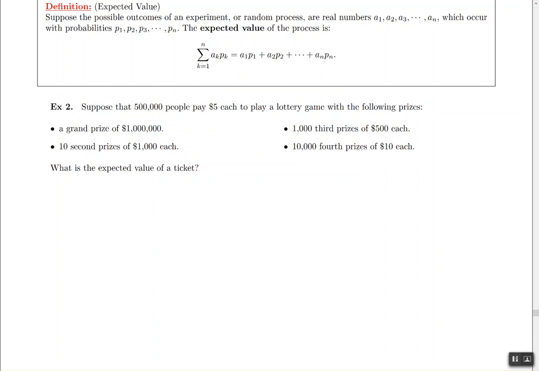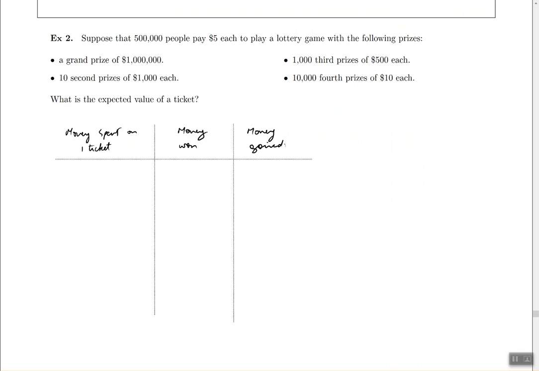So let's talk about the net gain, and let's make a table here to help us understand what's going on. In this table, I'm going to put the money spent on one ticket. Each ticket costs $5, so this is always going to be $5. Let's say I won the grand prize, which is $1 million. Then how much money did I gain? Well, I spent $5, so that's considered a loss, -5.